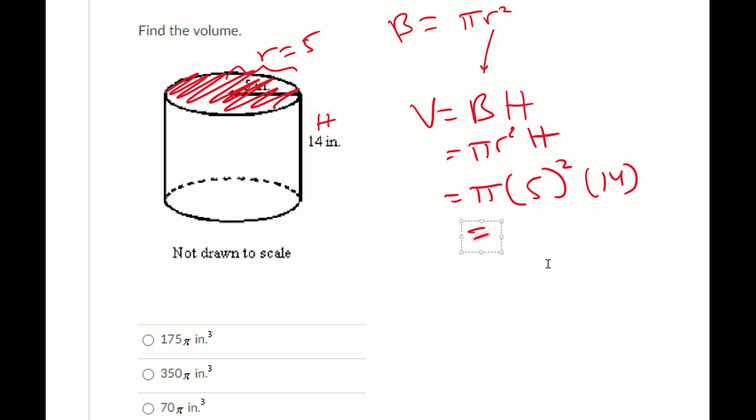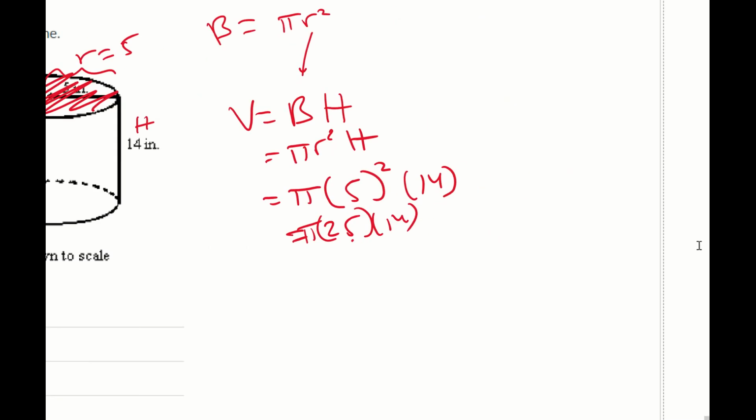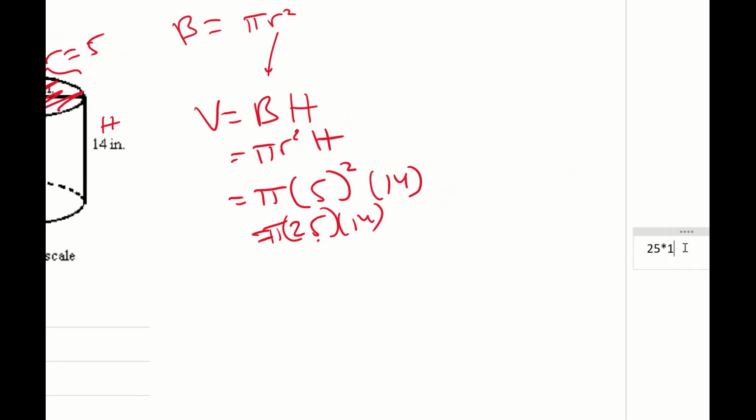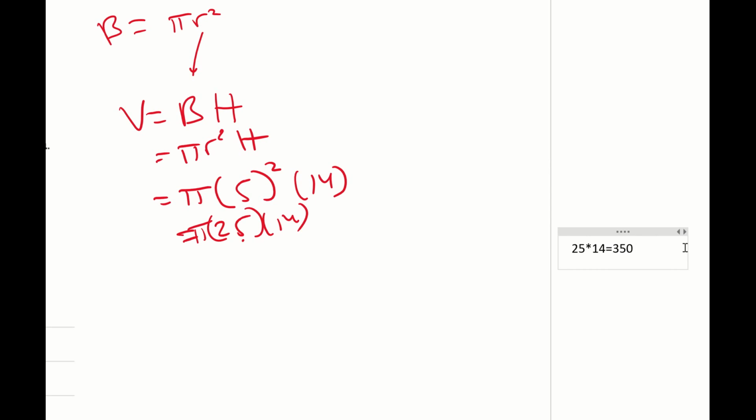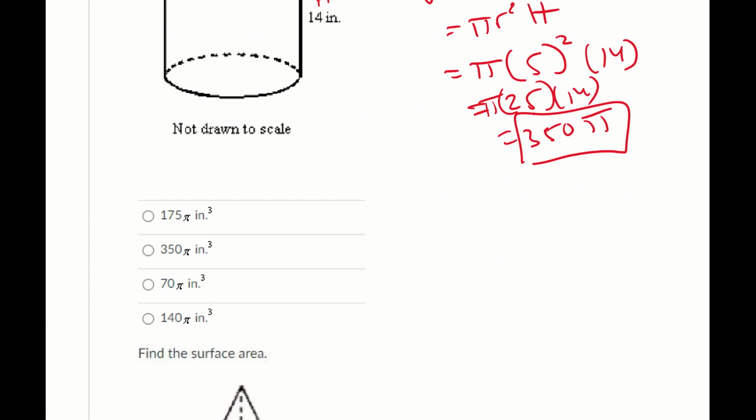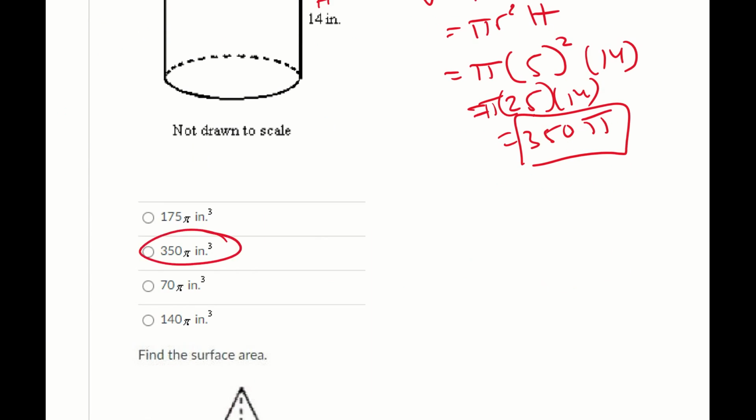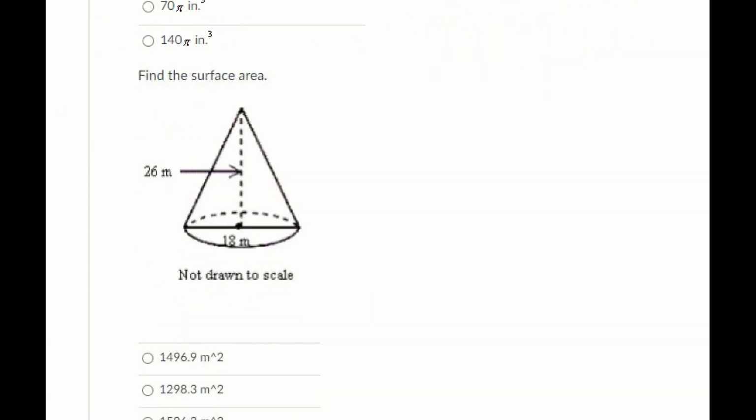So we got 25 times pi times 14. 25 times 14 is 350, so we get 350 pi. You can, of course, compute that as a decimal, but here they have it in terms of pi, so there's our answer.